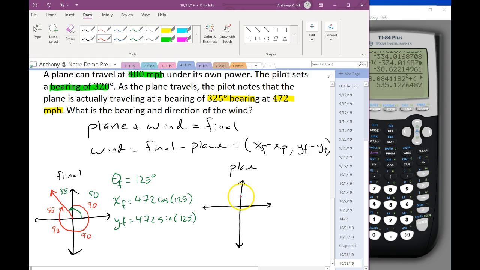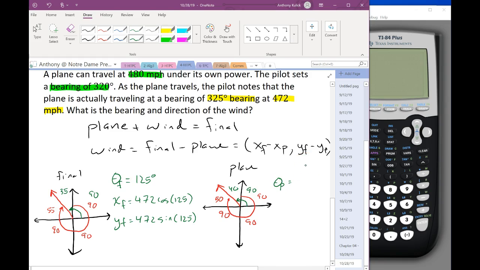So 320, so that's 90, 90, 90 is 270, and then 50 more puts us over here. And again, we're not so much interested in that bearing as we are in the standard position angle, which I'll call theta p.